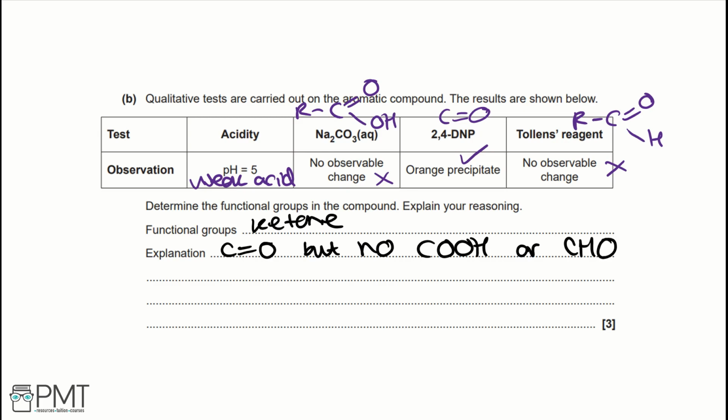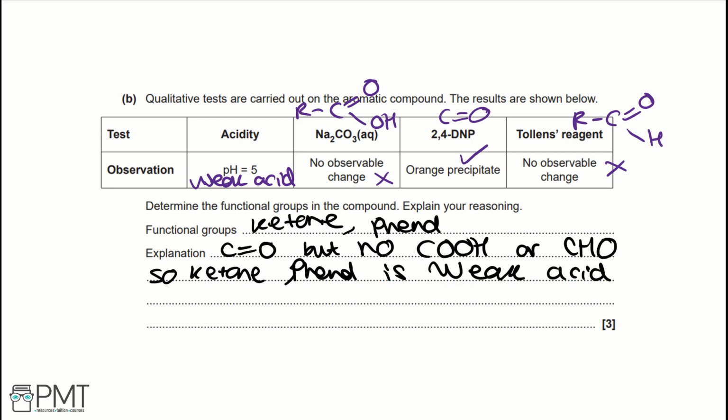So it's got to be a ketone. So ketone. And then a phenol. Phenol, because it's a weak acid, and also linking to the question, it says that it's an aromatic compound, and phenols are aromatic compounds.